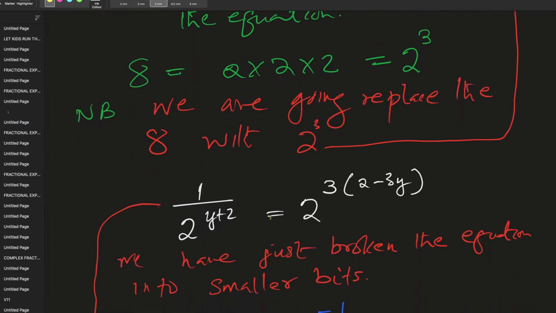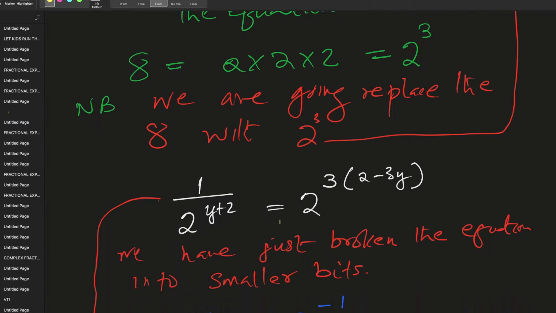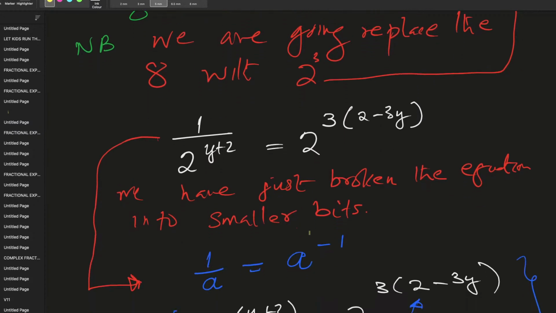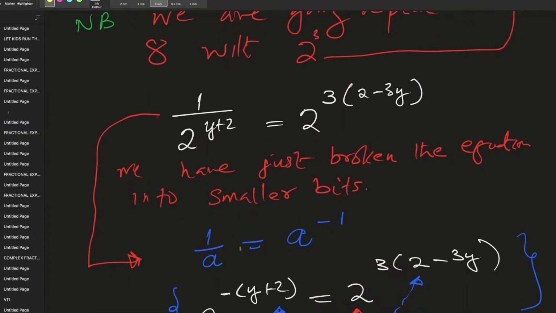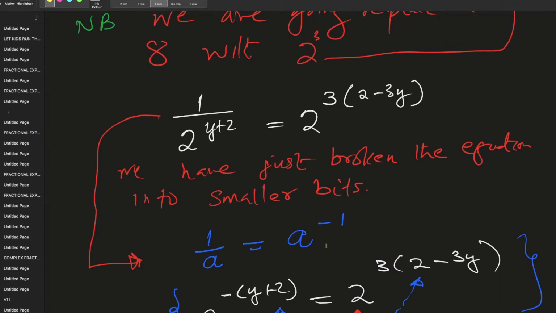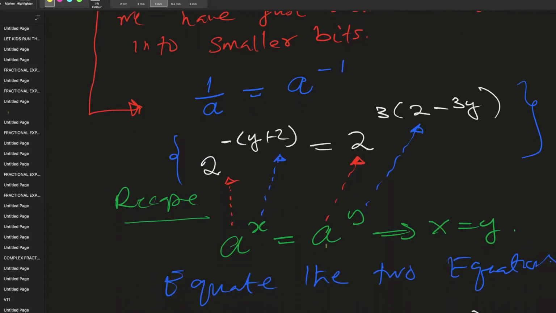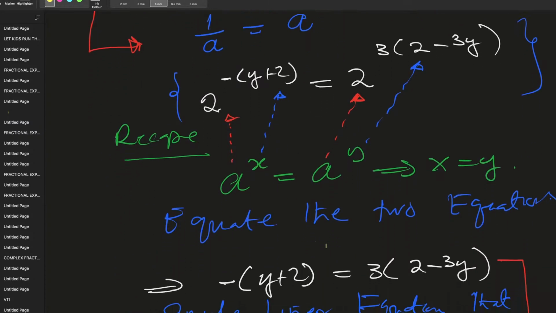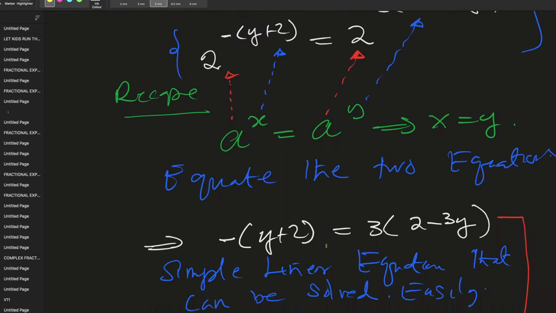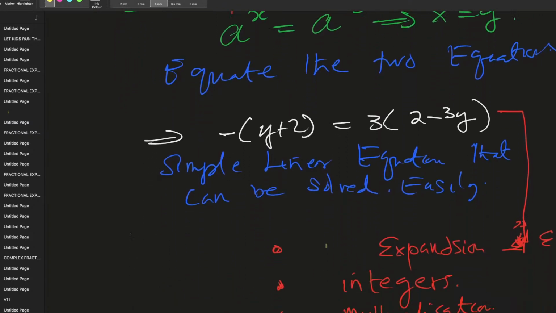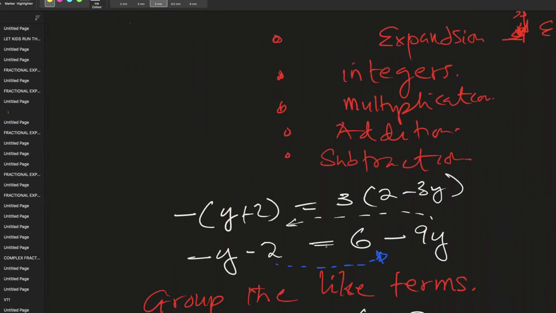That's what we did, because we realized that we can apply that property. Then we are just breaking the equation into smaller bits. We also applied 1 over a is equal to a raised to the power negative 1, as the property of indices. We apply all the properties we know. And friends, if you take your time and go through step by step, I don't think you will get yourself lost.